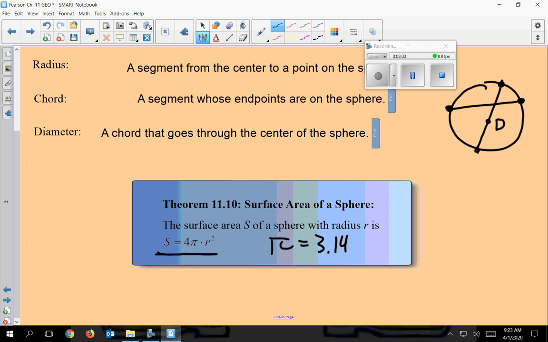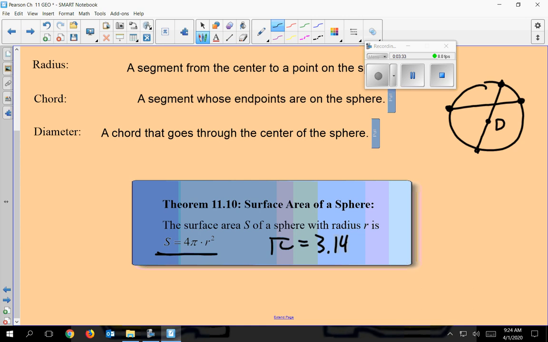I'm going to leave pi in the problem all the way until the end, because sometimes on some tests, like your SAT tests, your standardized tests, they don't want you to multiply pi out. They just leave it like a variable. So I just want you to get used to seeing it that way. So I'm going to leave it until the very end, say, hey, the answer could be this way, but when you multiply it out, here's how it would look as a number.